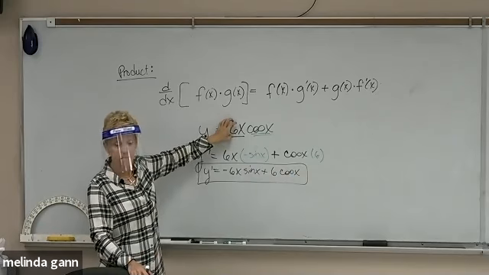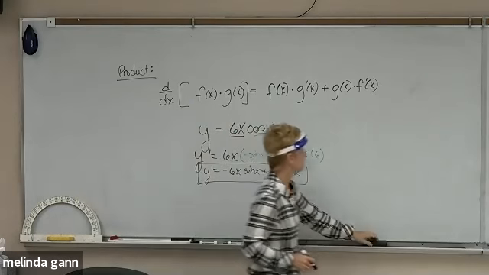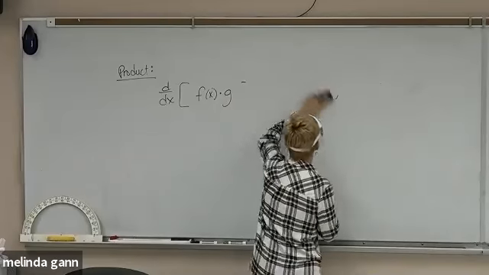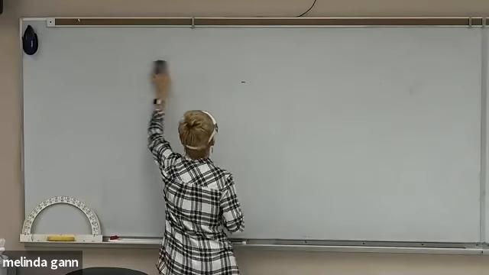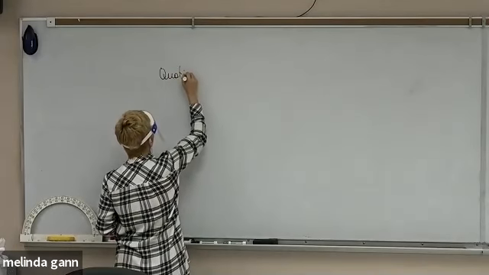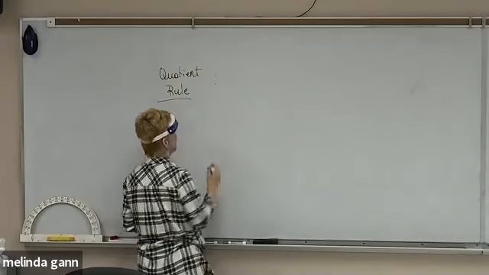Everybody okay? Now let's talk about quotient rule for a minute. And then I'm going to let you work a couple to practice, and then we're going to move along. Now, the more you do them, the quicker you get better at them.